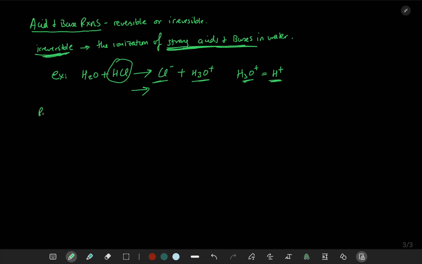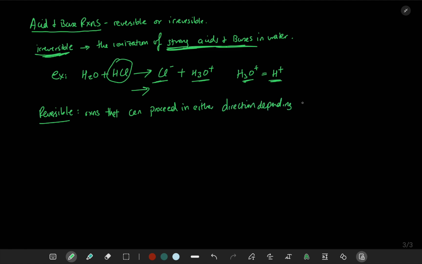Now let's talk about reversible reactions. First of all, reversible reactions are reactions that can proceed in either direction depending on the relative starting concentrations of reactants and products.